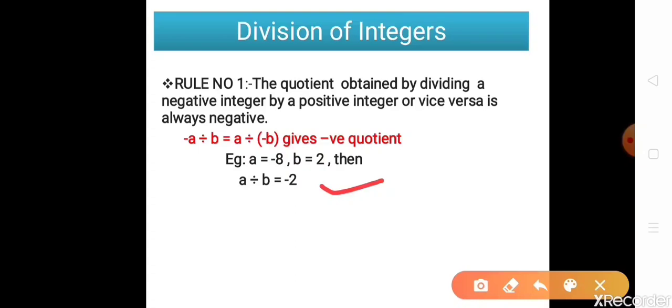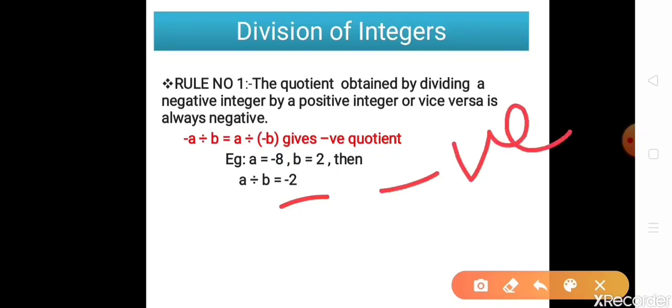So suppose we are dividing minus 8 and 2 now. While dividing, you consider them to be only 8 and 2. Forget what type of integers they are. Then you find out the quotient, which is 4, and then you place a negative sign right before the quotient. That is your first rule.